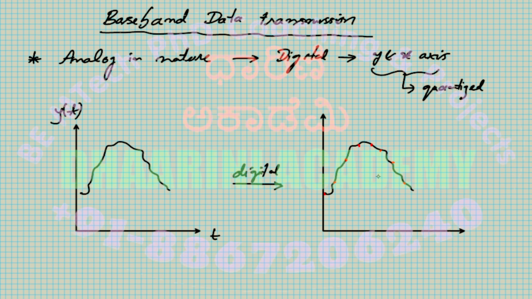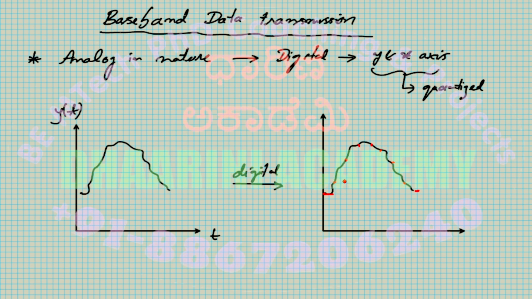Okay, so like this. Now if you want to look at the digital version of the signal we have considered so far, it is going to look like this. It's only the discrete locations. Whatever discrete values we have written, only those values can be taken.